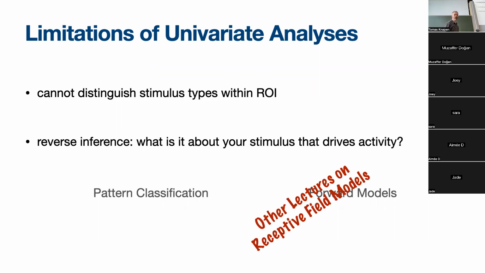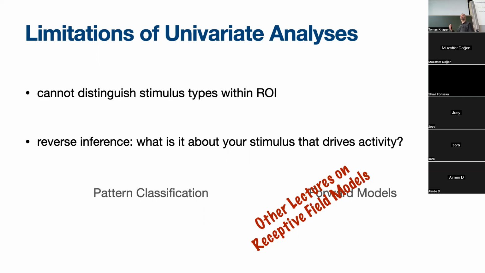Now, there are two ways in which we can address this. Forward models are what we do when we form explicit computational models of what the brain does, and we try to fit them on brain activations. Thereby, whenever we see a pattern of brain activation, it tells us what would be the case in our model if this pattern of activation were the case.